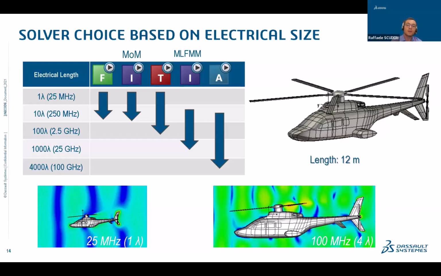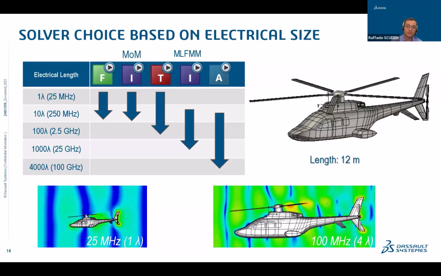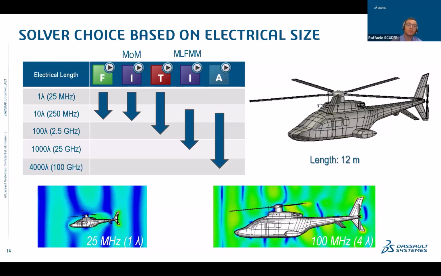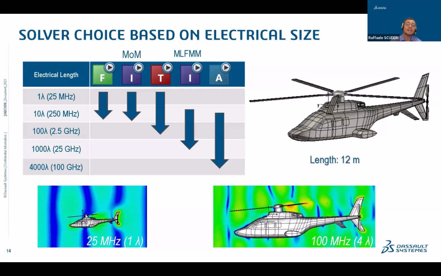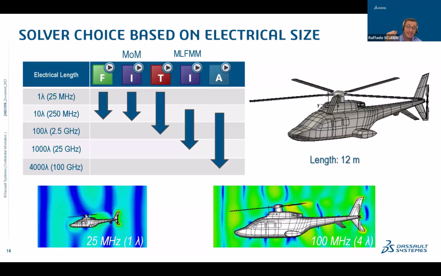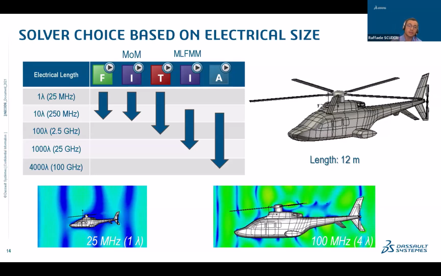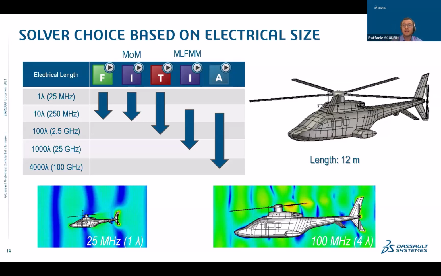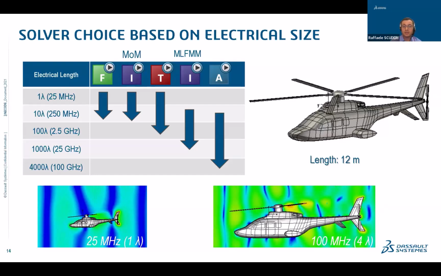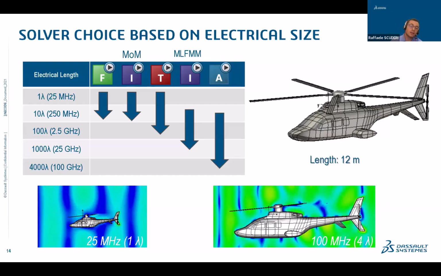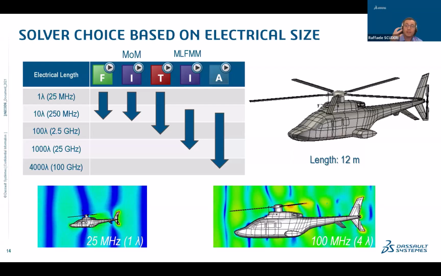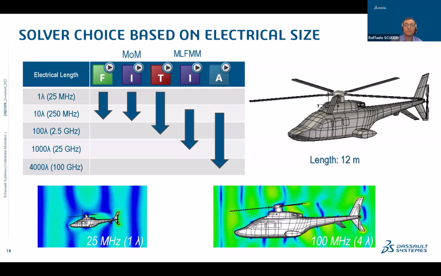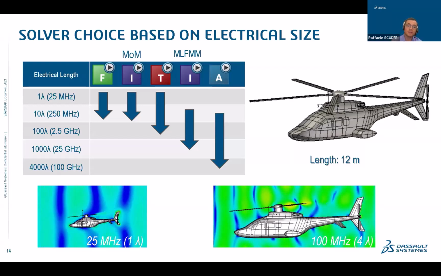Okay, we have one case where the size of the model is pretty much 1 lambda, and then it's bigger, and then bigger and bigger, where in the end we can distinguish several scattering centers on our model that will contribute pretty much independently of each other, while the completely opposite case, where we have a very small object, everything is combined together, and we also have some resonant behavior.